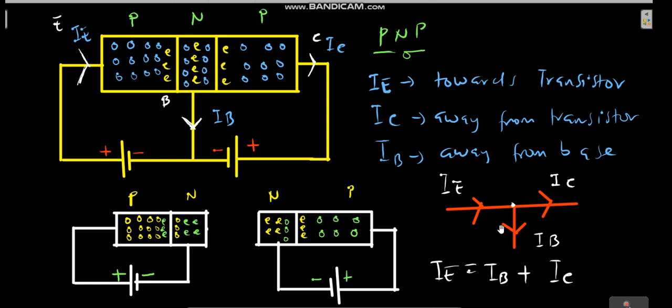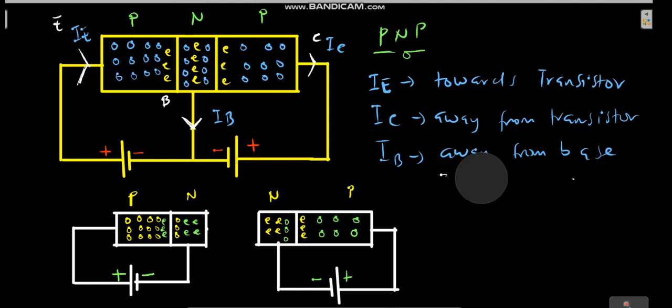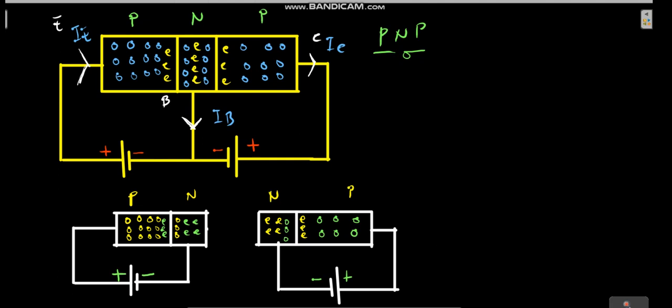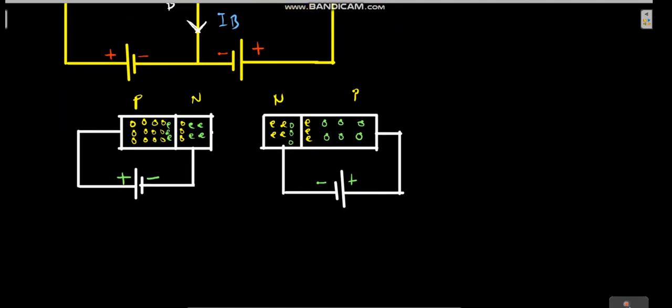Now let's look at the relation between the voltages also. Looking at this side, you have the positive side connected to the emitter.